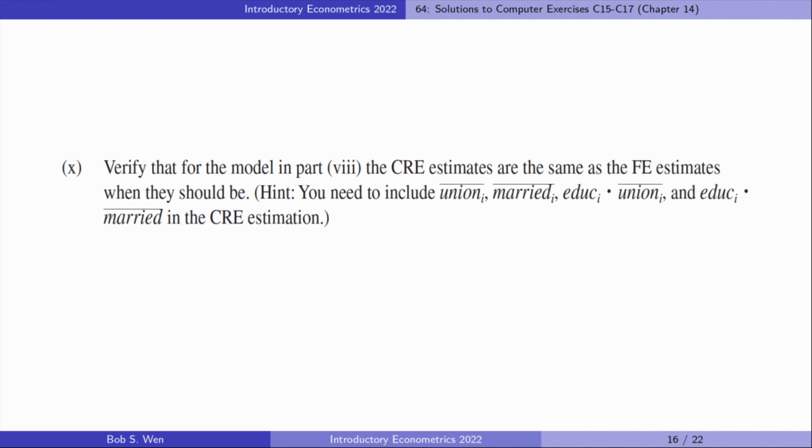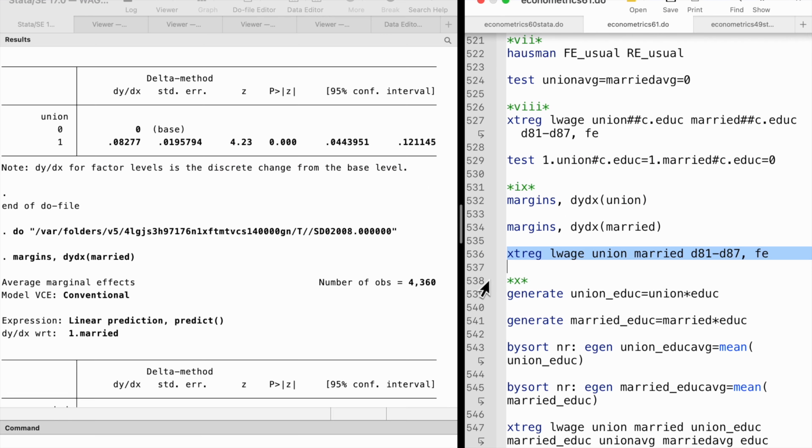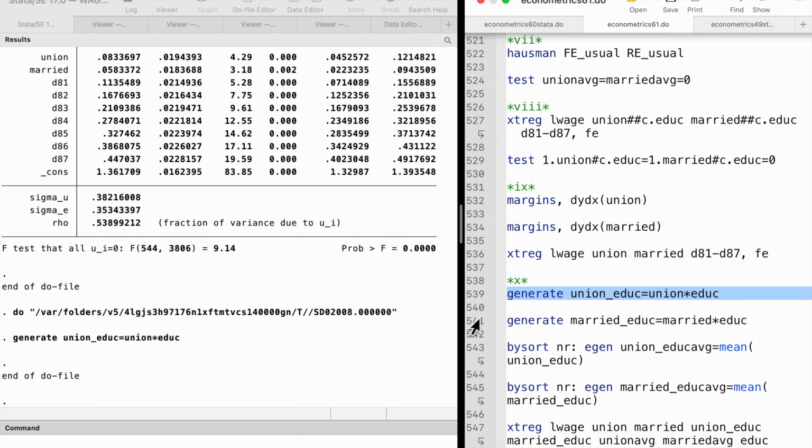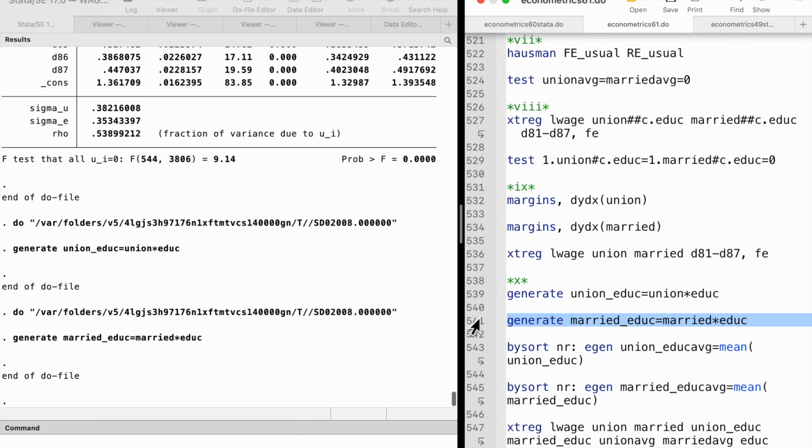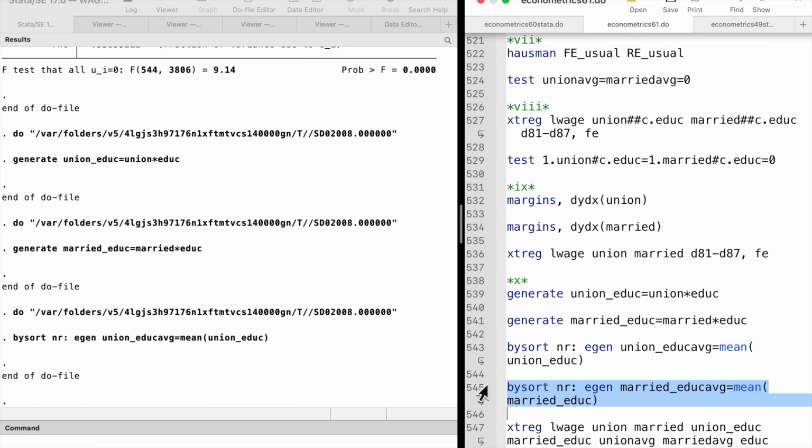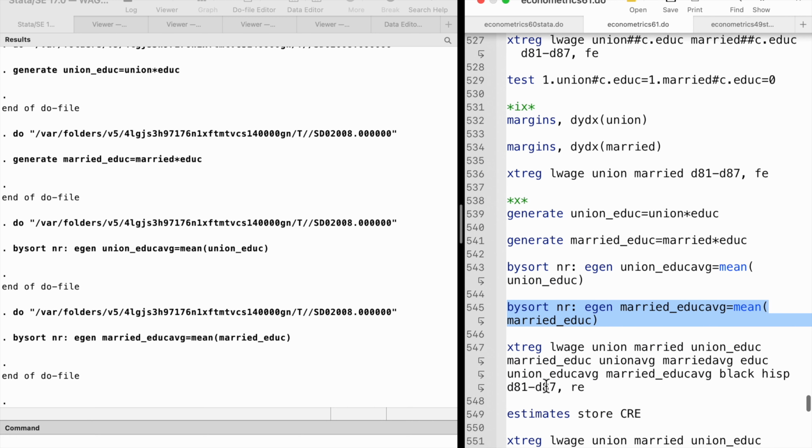In Part 10, we will verify that for the model in Part 8, the correlated random effects estimates are the same as the fixed effects estimates. We generate the time average variables for the interaction terms.